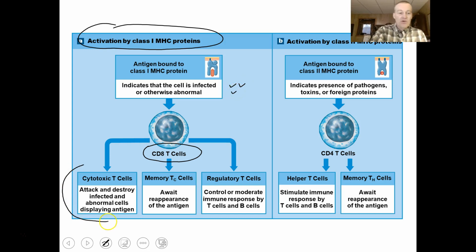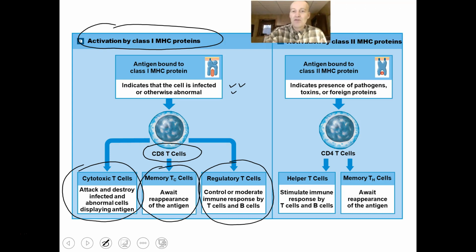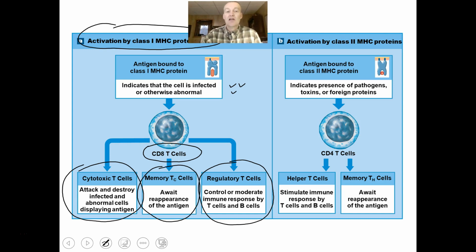And we will activate cytotoxic T cells to destroy those abnormal cells. We'll activate or make clones and memory cells, which will wait for the antigen to present itself again sometime in the future. And those cells will also produce regulatory cells so that the immune response isn't too much and perhaps destructive to the human body. Okay, so that's how we use the class 1 MHC proteins.